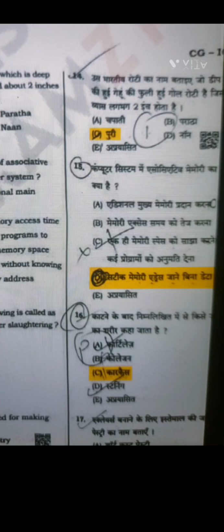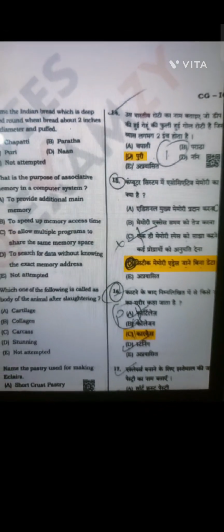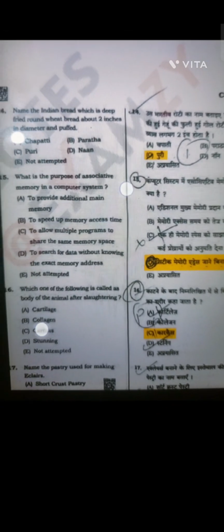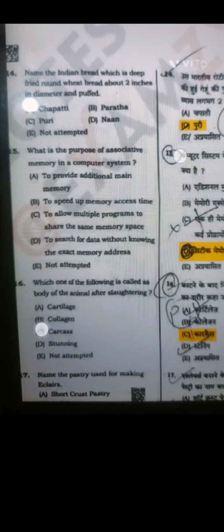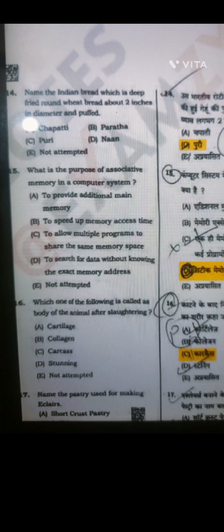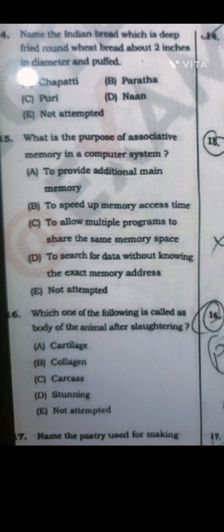What is the purpose of the associative memory in a computer system? That is, to search the data without knowing the exact memory address.